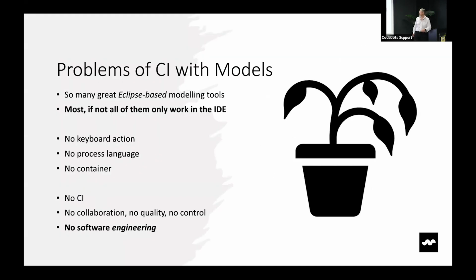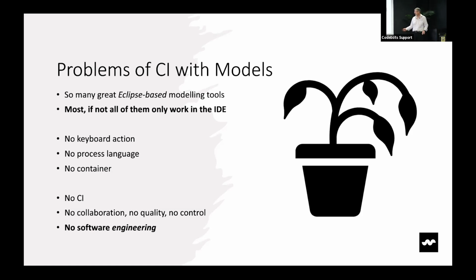Because there's a problem with CI with models. We've got so many great Eclipse-based tools, but they're all tied to this window. And for the process we saw before, we don't have a window. We just type in things in a text box. So it doesn't really work together. There is no keyboard action, there's no process language, there's no container we can reuse.